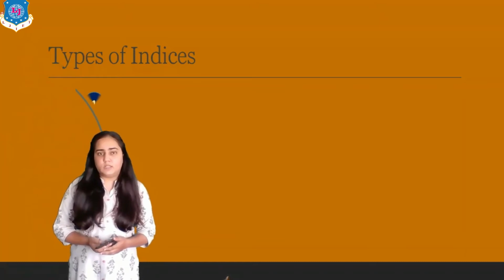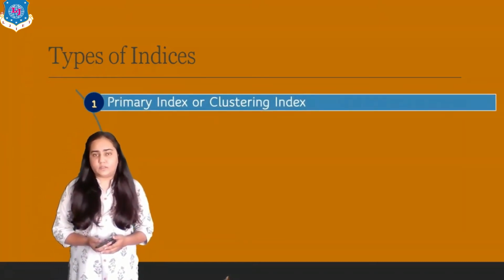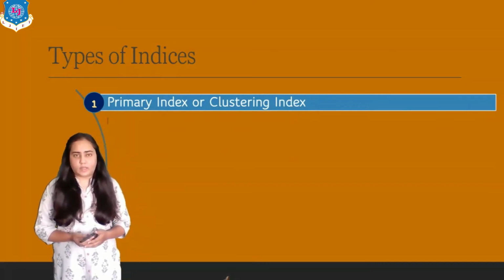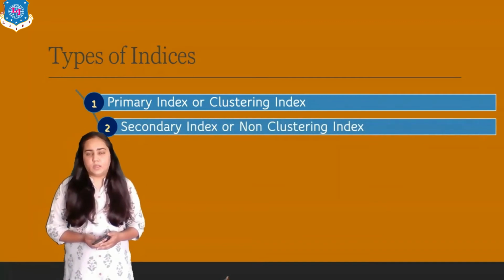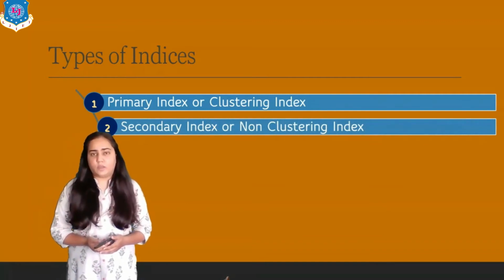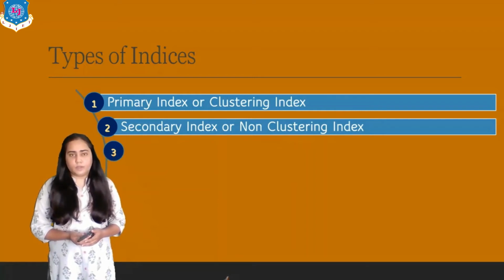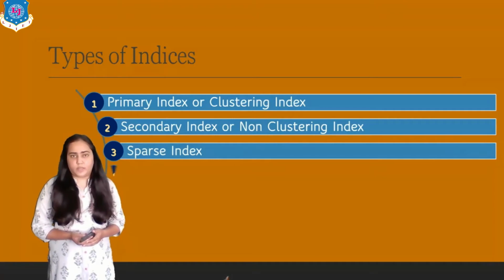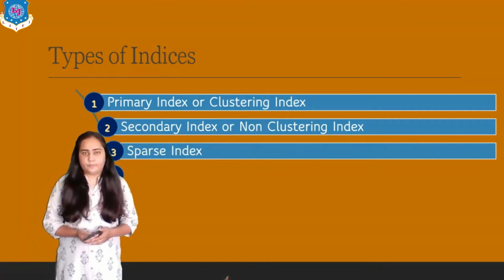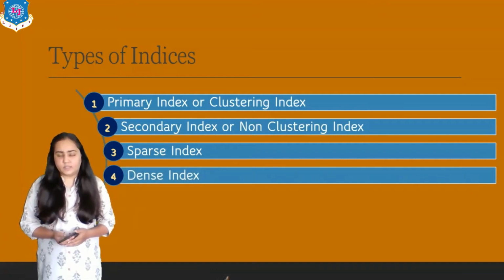The first type of an index is a primary index or clustering index. And second, we have a secondary index or a non-clustering index. The third type of index is a sparse index. The fourth type of index is a dense index.